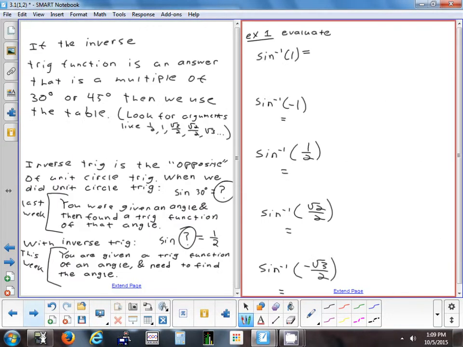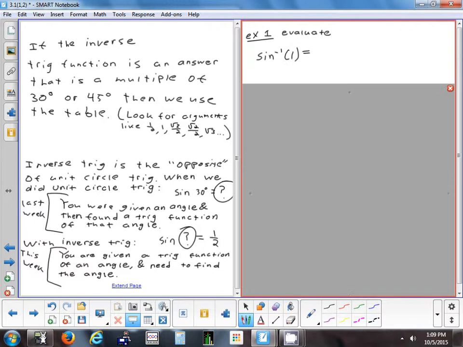All right, so let's try some examples. The way you use this table: look at your trig function. Find the column for that trig function on the table. Look at the number in parentheses. Go down that column until you find that number. We'll do the first one together. I'm looking at the front, going down the sine column. I find a 1 across from 90 degrees.